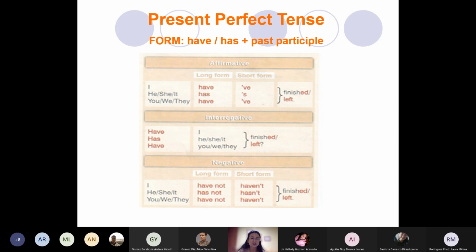Or he or she has not finished yet. Or you or we or they have not left. Ellos no se han ido. They have not left. So this is the grammar and the structures that you use when you are going to express something in present perfect tense. Affirmative sentences, interrogative form, and negative sentences.